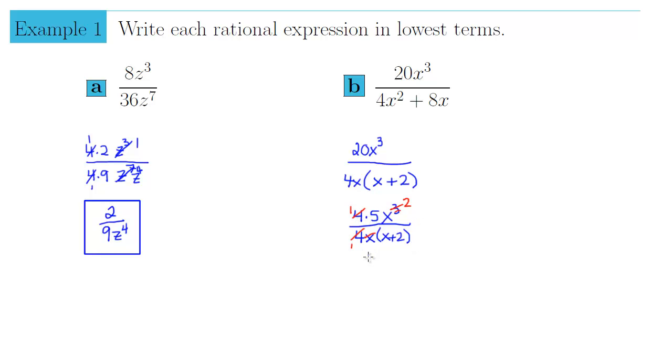So our final answer, when we put it together, is 1 times 5 times x squared. So that leaves us with 5x squared in the numerator. And in the denominator, the 4 and the x have canceled, leaving us with simply x plus 2. Our final answer then is that this rational expression reduces to 5x squared over x plus 2.